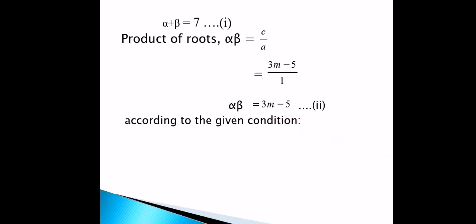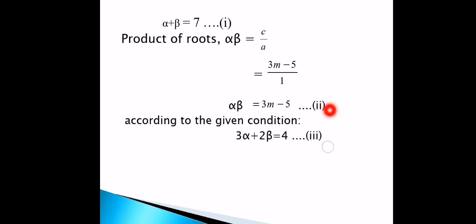According to the given condition, we have 3 alpha plus 2 beta is equal to 4. This is the relation which was given to us in the statement of the sum. So we have two simultaneous linear equations: one is alpha plus beta is equal to 7 and the other is 3 alpha plus 2 beta is equal to 4.